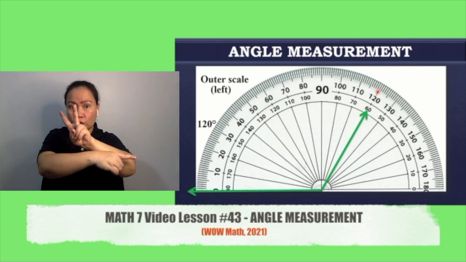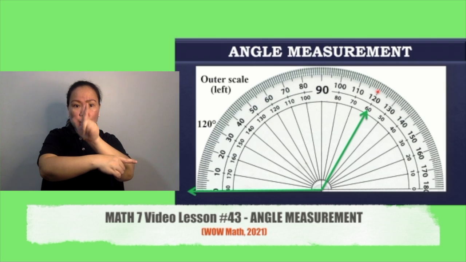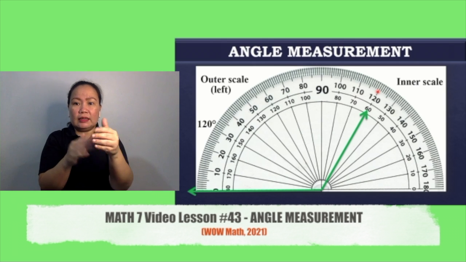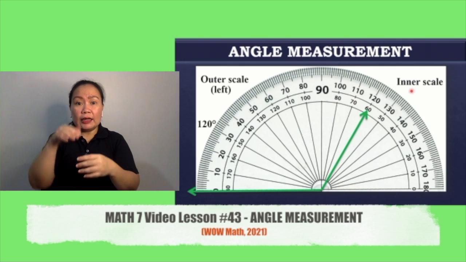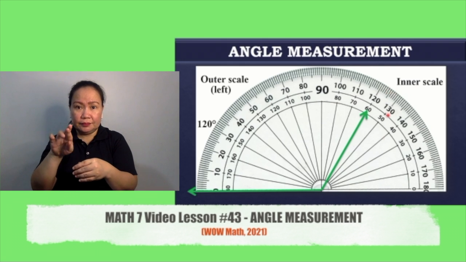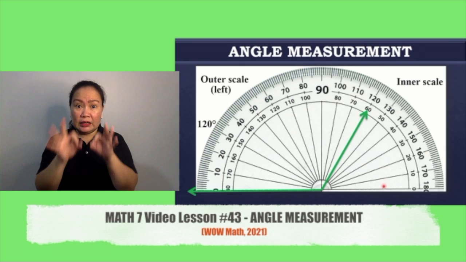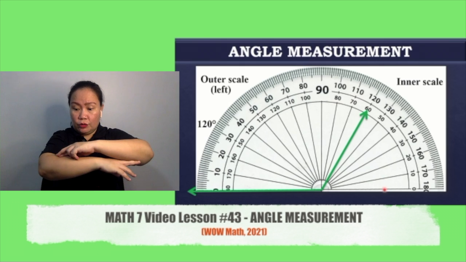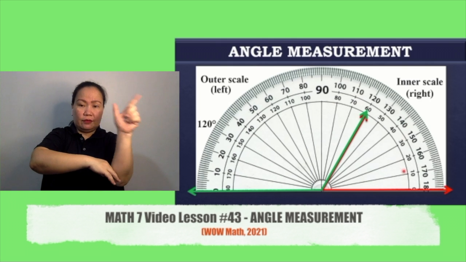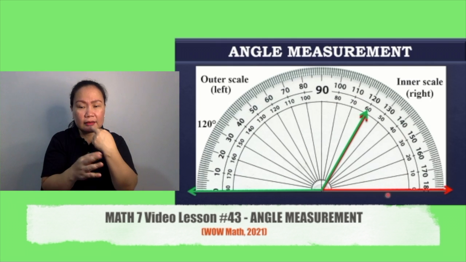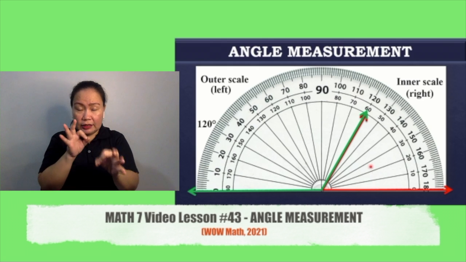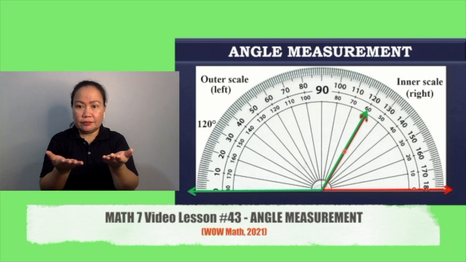Okay? Next. So, dito naman po, meron din tayong tinatawag na inner scale. Ito naman yung kapag ang opening ng angle o yung rotation niya ay from the right. Okay? So, halimbawa, ito. So, nandito siya sa right. So, kapag nasa right ang angle mo, magro-rotate yan, kagaya nito, dito siya nag-stop.